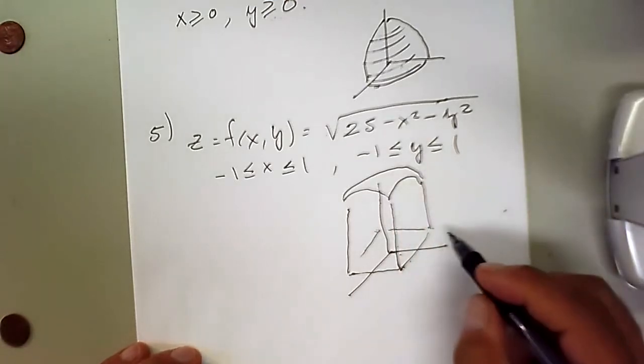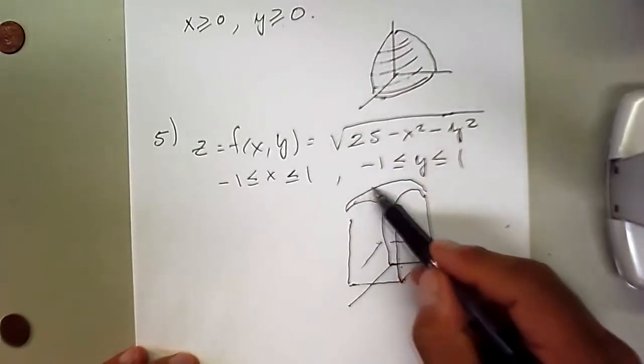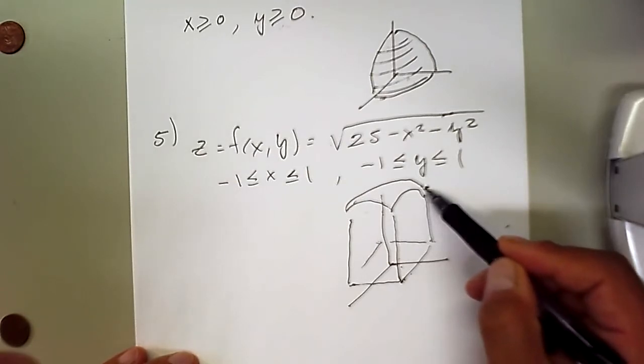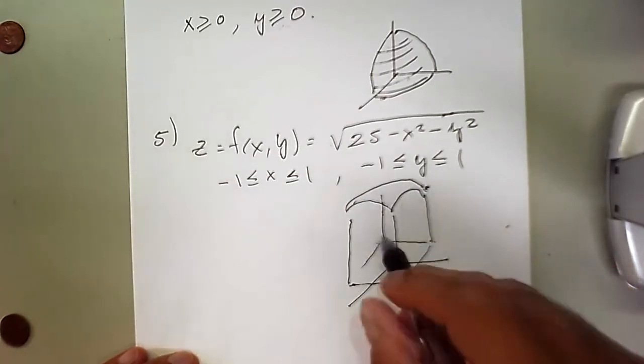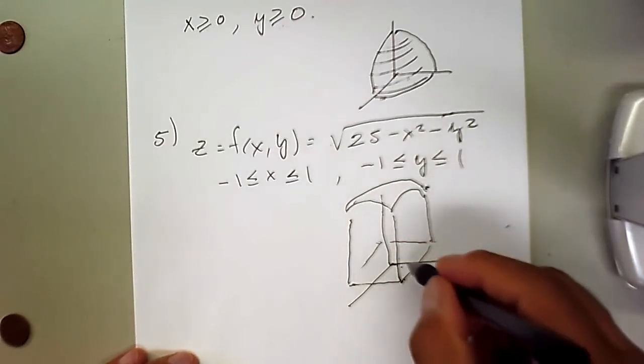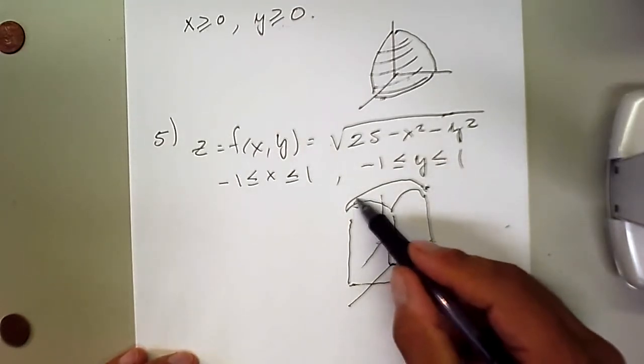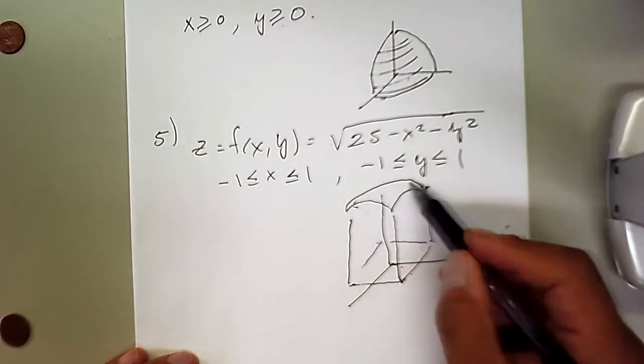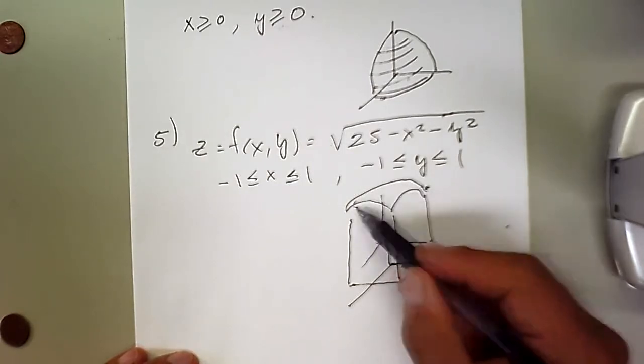So it is the top of the sphere, but it is cut in such a way that this is straight. So the top view is going to look like a square. In a three-dimensional view, we can still see the curve of the sphere. So we still have the sphere.